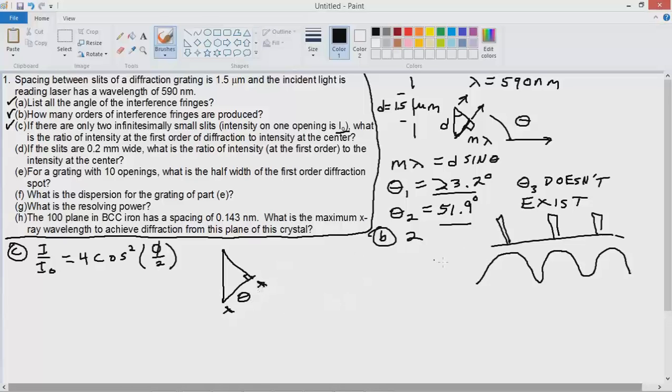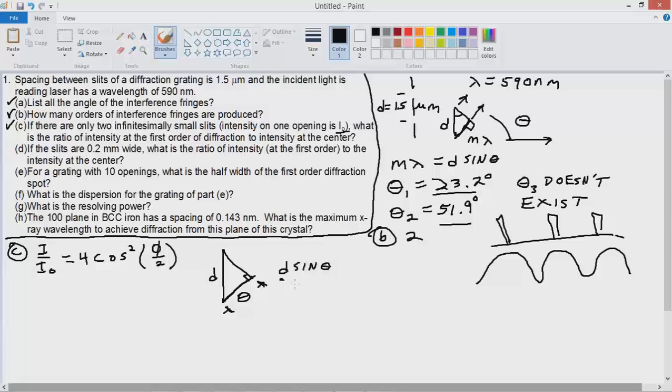And this might not necessarily be at a peak. This is just some arbitrary angle theta. So from before, this distance is d, the spacing, sine theta. So d sine theta, that's the distance.